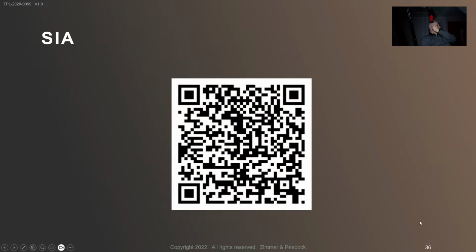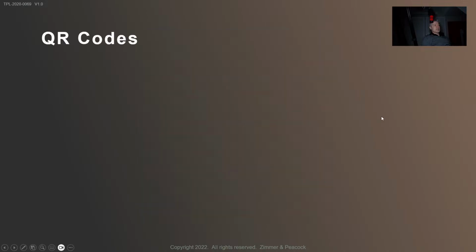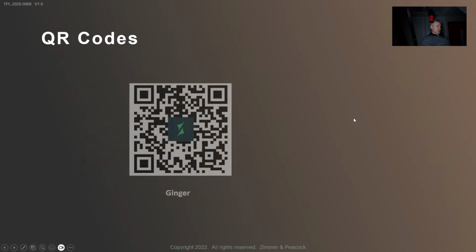Sense It All, this is that QR code again. So if you're curious about at least seeing that we have this app available, scan that code, and you'll see that these people are particularly interested in a whole list of analytes. I'd say reduce it down a little bit. Do go after nitrate, go after total antioxidative status. The reason being is that those QR codes, you're not interested in chili, but that code exists.